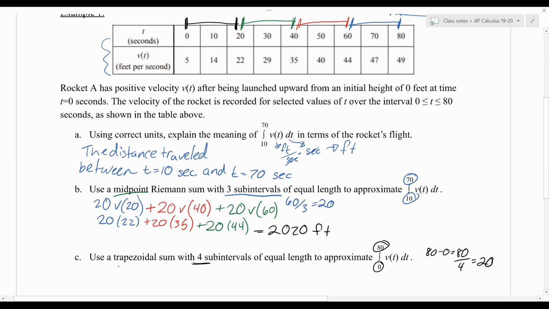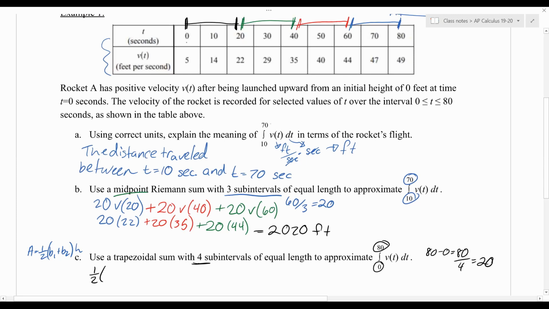So now we're going to use a trapezoidal sum. For a trapezoid, the formula, remember, is A equals 1/2 base 1 plus base 2 times the height. So for our first trapezoid, we have 1/2.